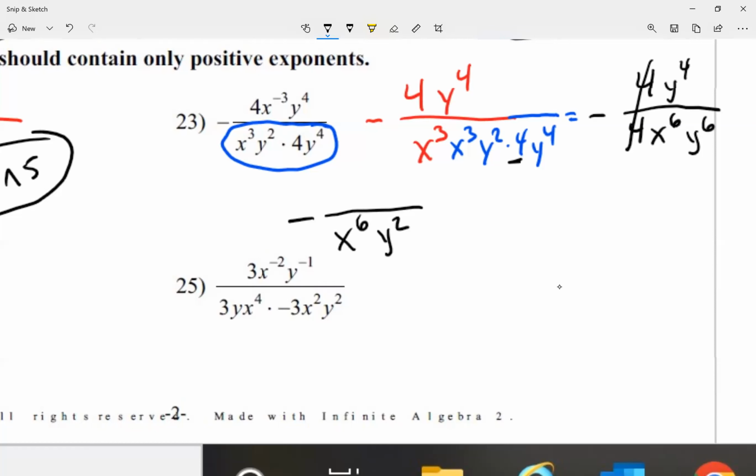Now here, I cannot have a negative on the empty space on the top. So let me put a 1 there. So that's it. If I'm going to type it, bring the negative to the front, and there's a 1 over x to the 6, y to the 2. So that's how I'm going to type it.